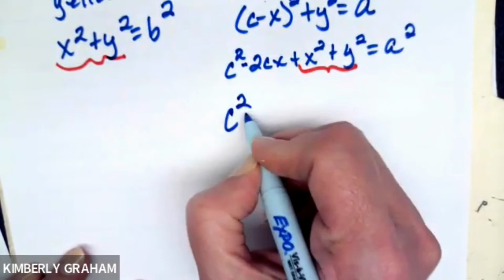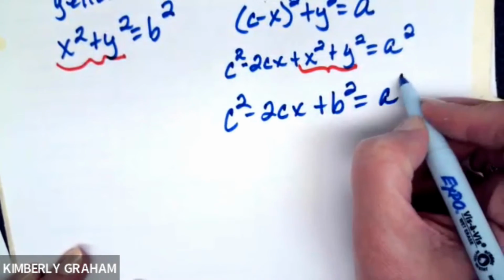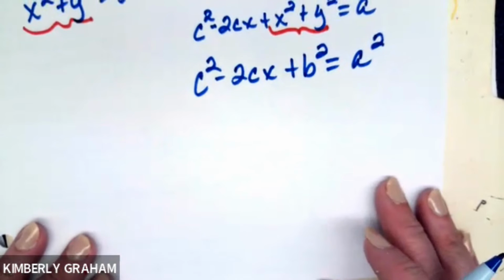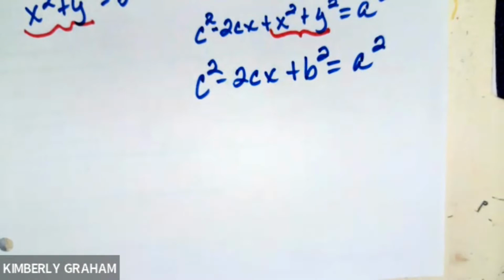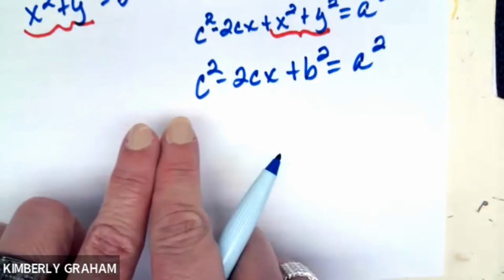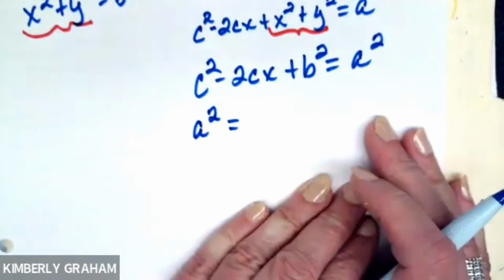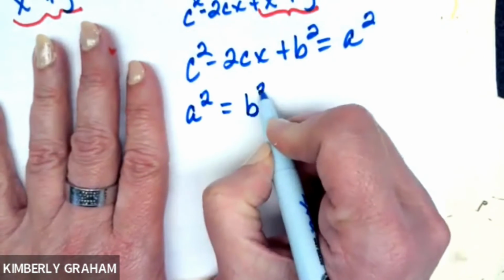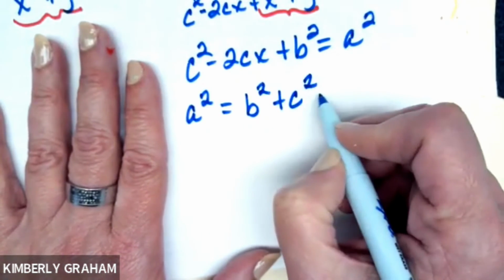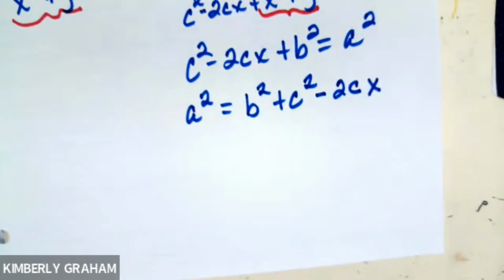So I have c squared minus 2cx plus b squared equals a squared. So I'm just going to switch this around, flip-flop sides. That's called the symmetric property of equality. So over here on the left-hand side, I'm going to have a squared. Over here on the right-hand side, I'm going to put this in a different order. I'm going to say b squared plus c squared minus 2cx. Okay, so this is looking a lot better.